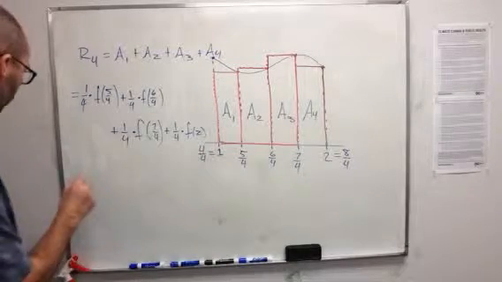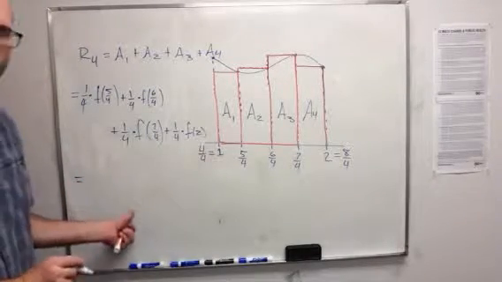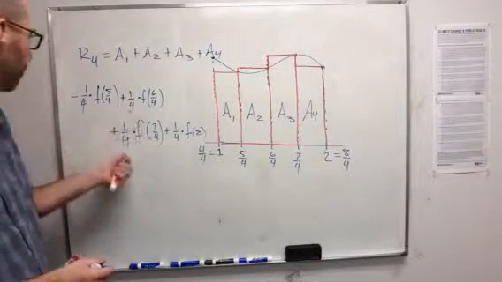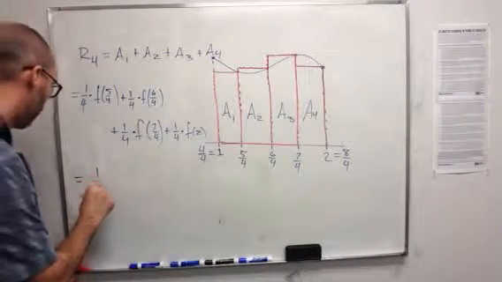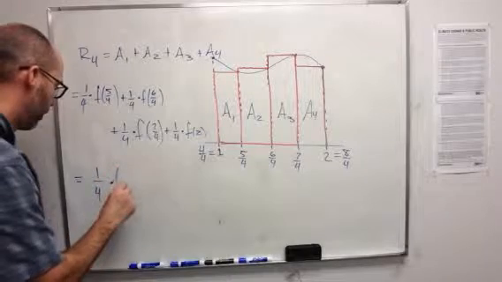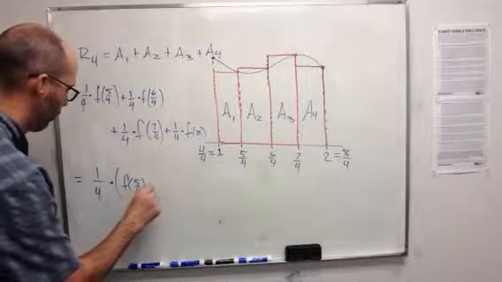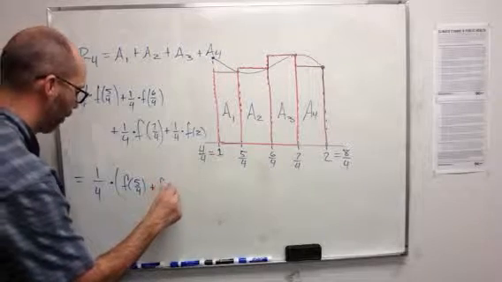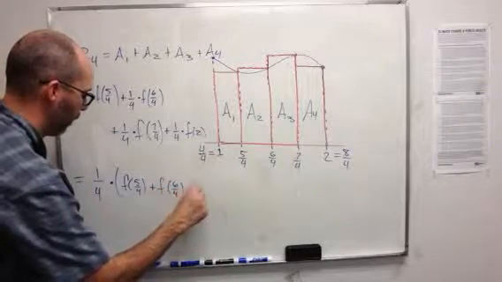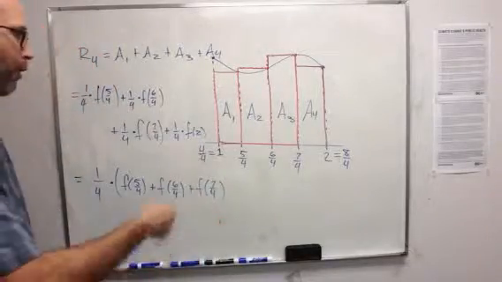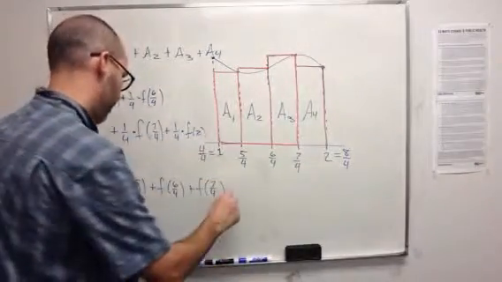Now, before we do that, notice that a quarter is in all of these, so we could factor out that quarter. Now we have f of 5/4 plus f of 6/4 plus f of 7/4, ending at f of 8/4, which is 2.